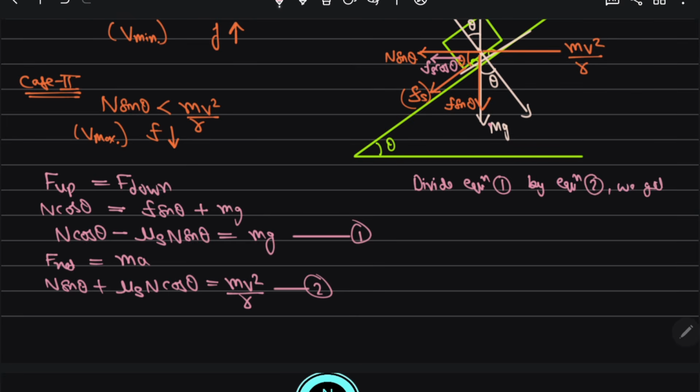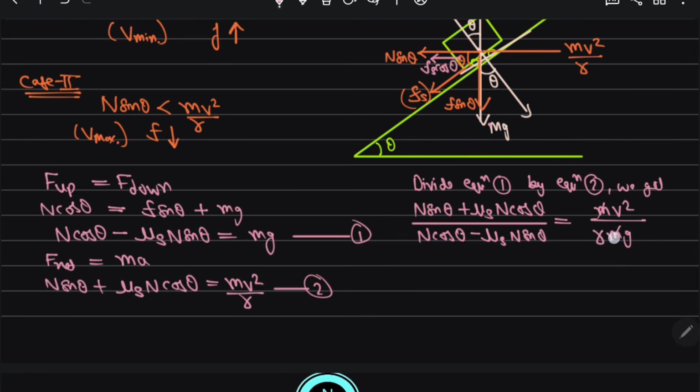We get N sin theta plus mu s N cos theta over N cos theta minus mu s N sin theta is equal to mv square by r into mg.